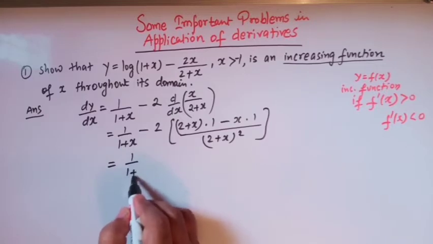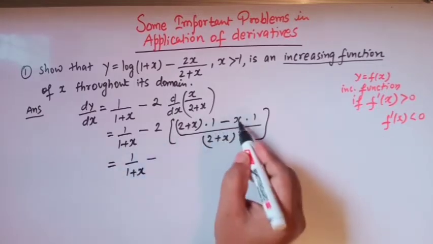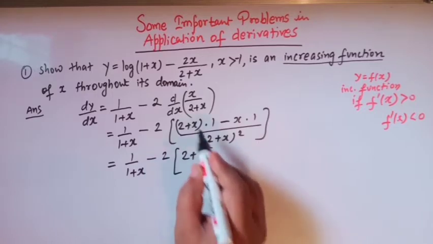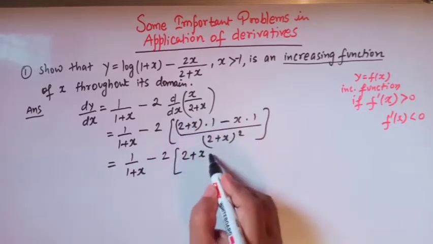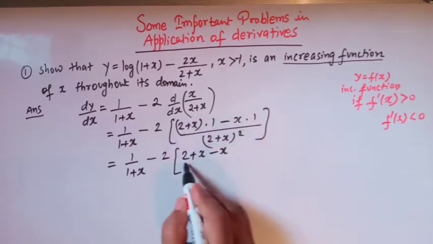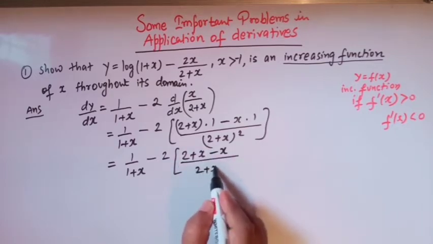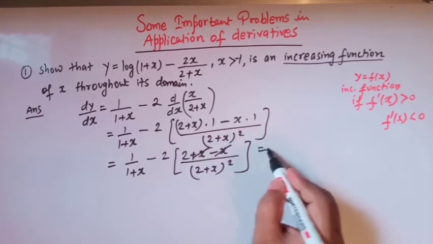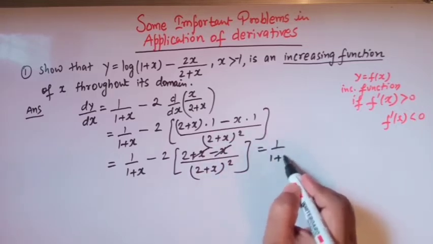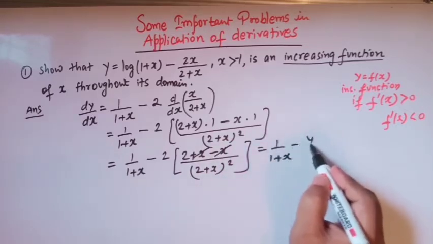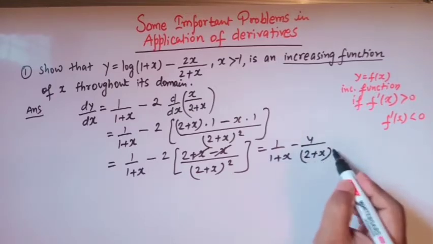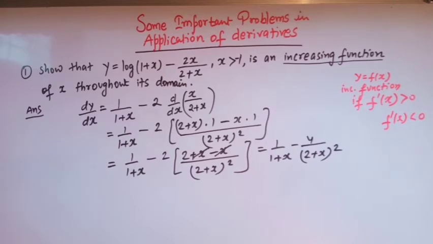So this is 1 over 1 + x minus, this is 2 times (2 + x), 2 + x times 2 is 4 plus 2x, then we have minus 2x, then we have (2 + x) square. Now 2x and 2x get cancelled, so we have 1 over 1 + x minus 4 divided by (2 + x) square, right?